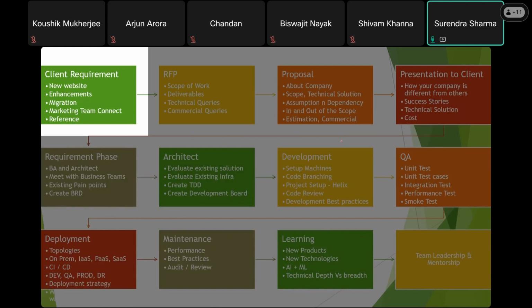On the client requirement side, generally the client may already have a website which is running, but it's a legacy, old code base, and the technology is outdated, so he wants to move this website or project to a new technology. Maybe he wants to do some enhancement. Maybe there is a migration activity where he wants to upgrade from a lower version to a higher version.